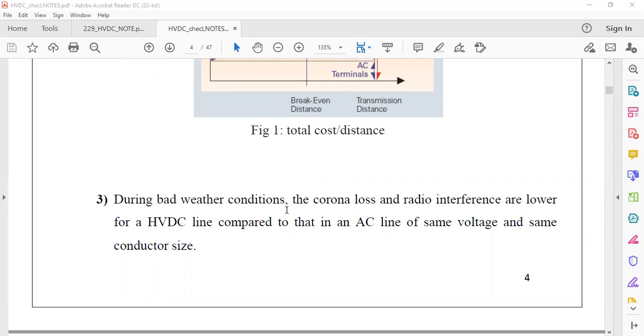During bad weather conditions also, the corona loss and radio interference are lower in case of HVDC transmission line compared to AC for the same voltage and conductor size.